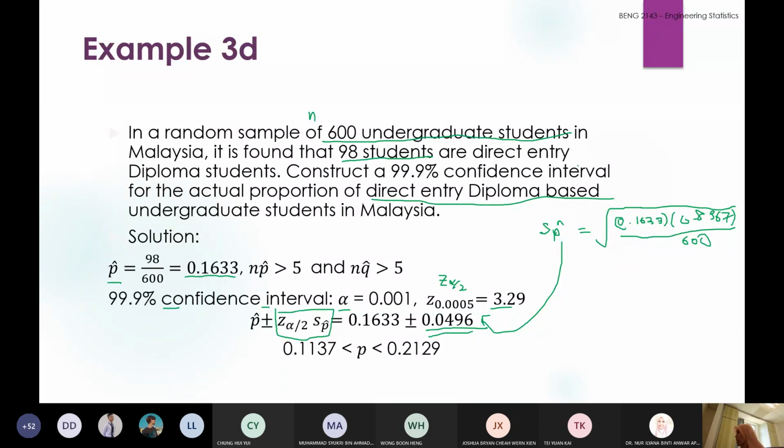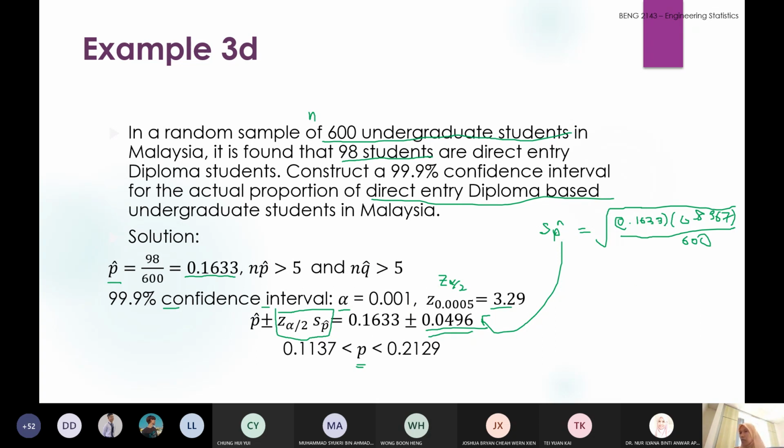Therefore, you are 99.9% confident that the interval for the proportion is from 0.1137 to 0.2129 of students who are direct entry diploma students.